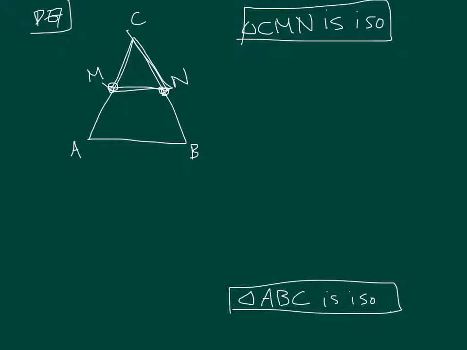In order for us to say triangle CMN is isosceles, we have to prove that CM is congruent to CN.